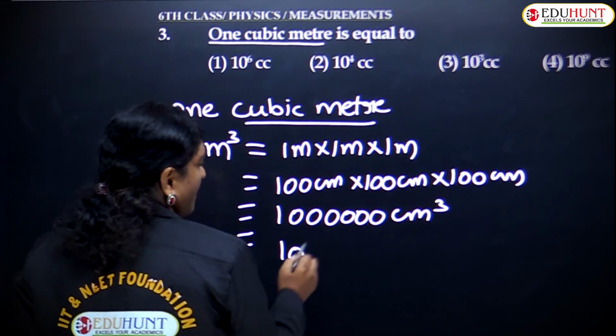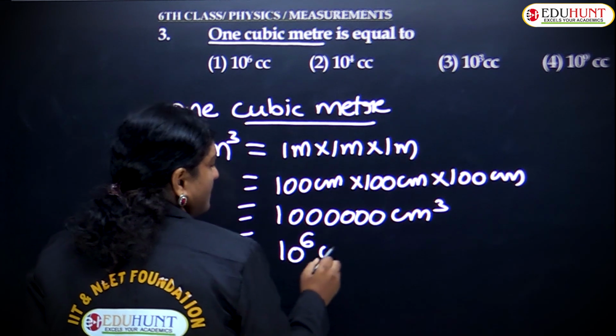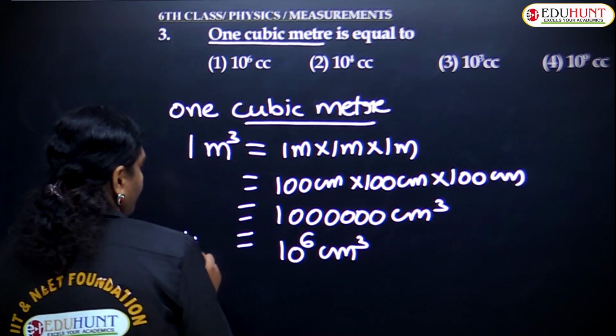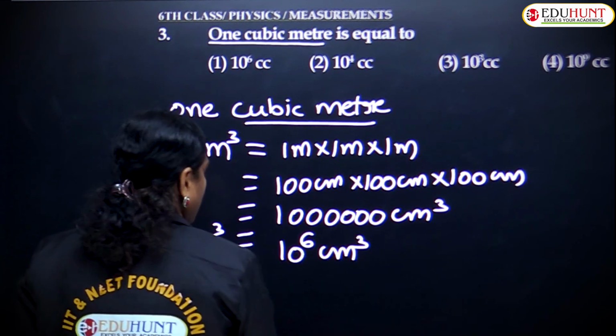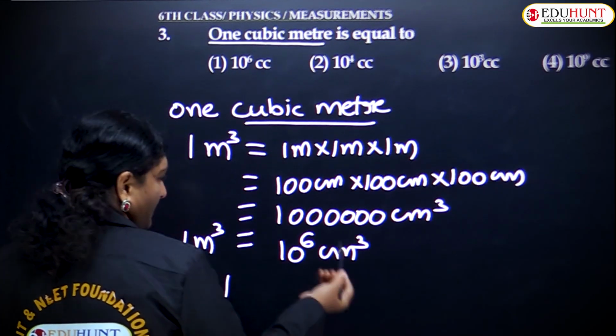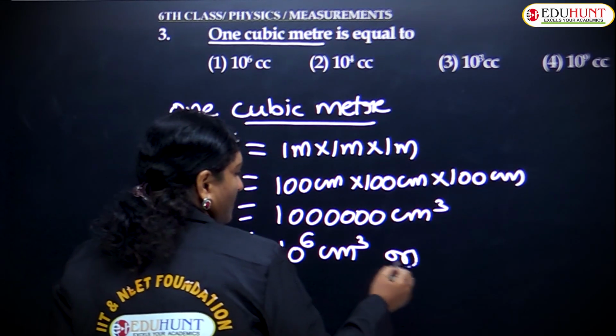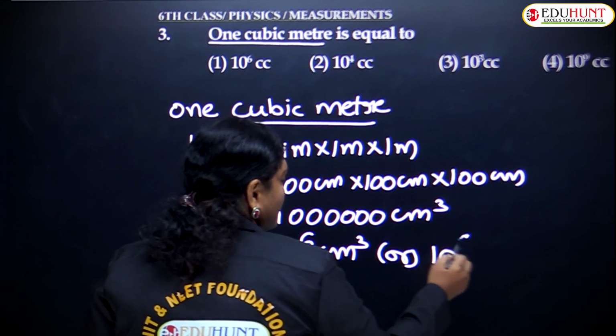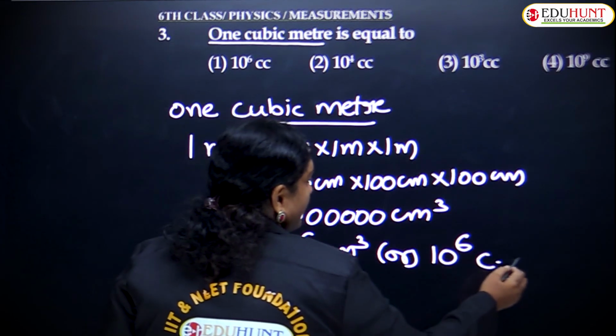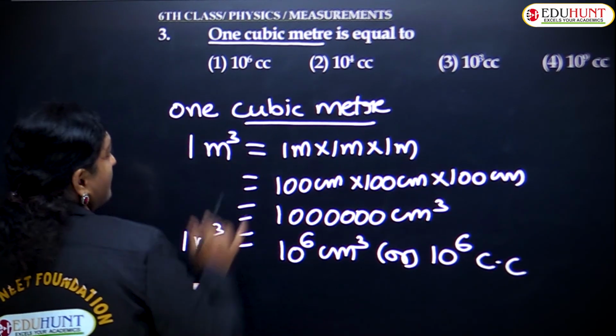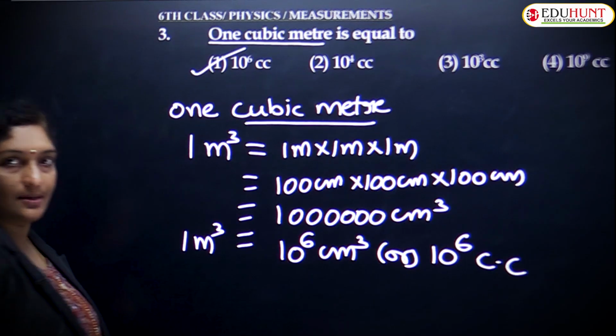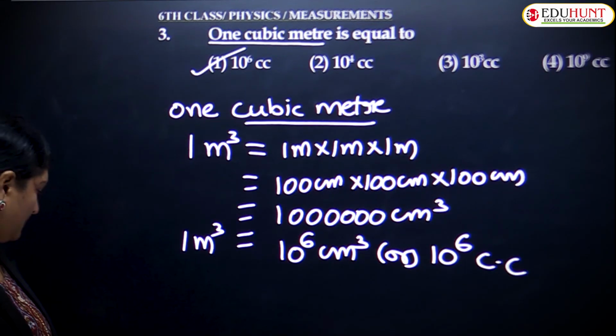So 10 power 6 centimeter cube. 1 cubic meter can also be written as 10 power 6, and instead of centimeter cube, I can also write it as cc. So where is the answer? 10 power 6 cc. First option is true.